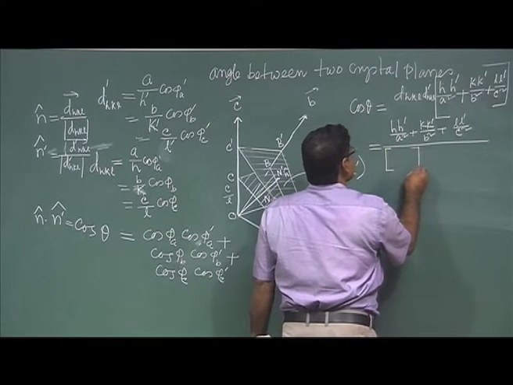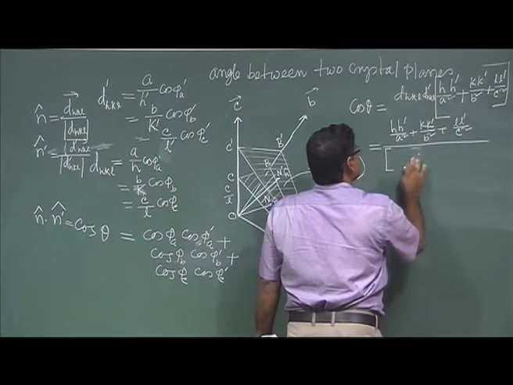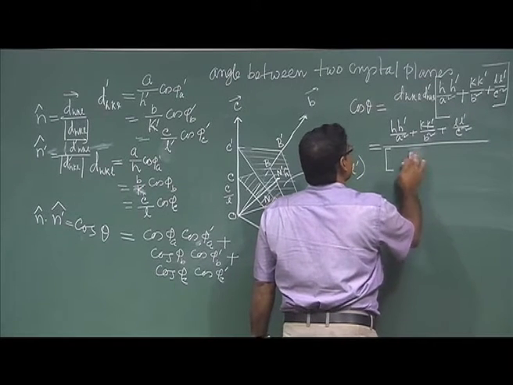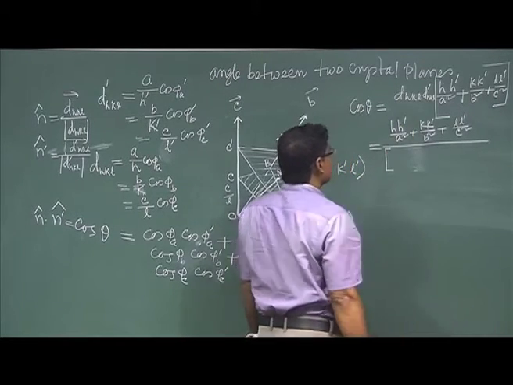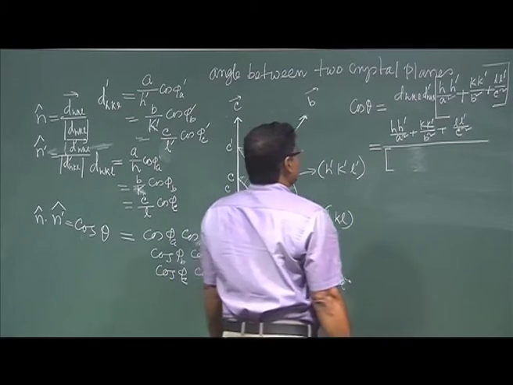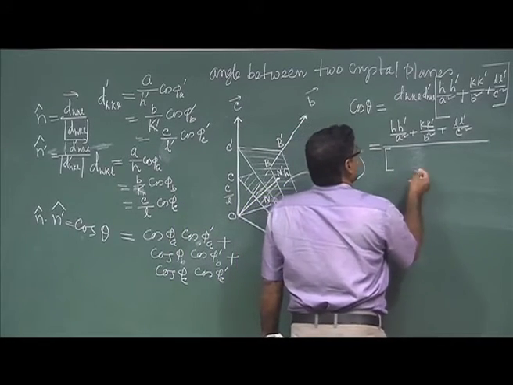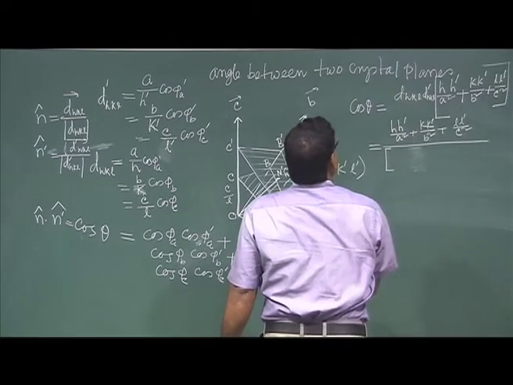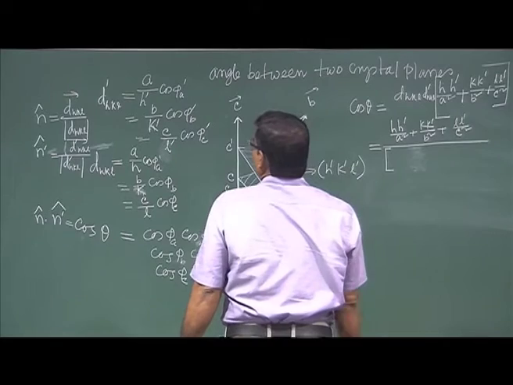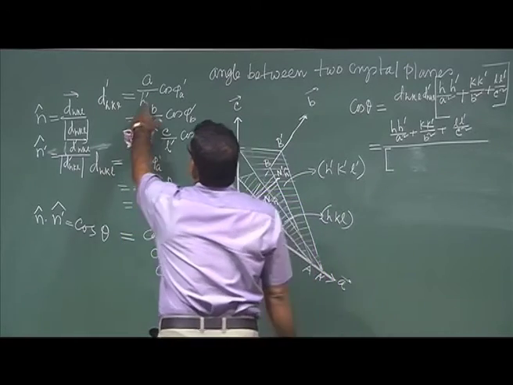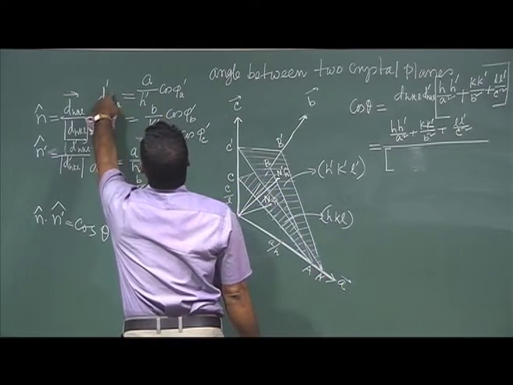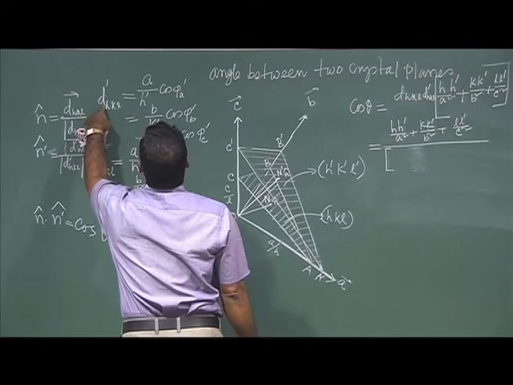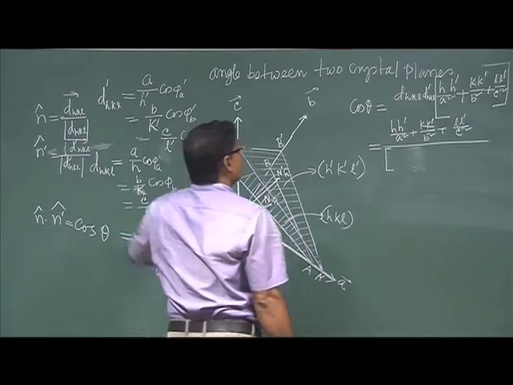Just write that expression explicitly. So the d_hkl value, what we have seen: cos phi equals h dash, d_hkl by a, right.